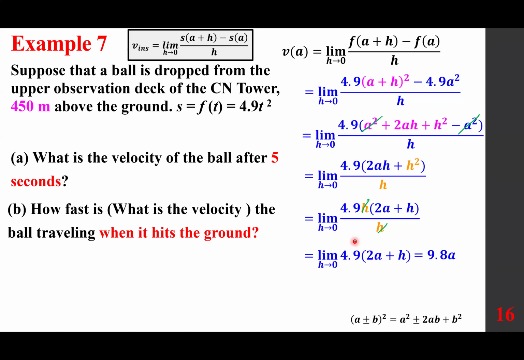And notice the final result, v of a is 9.8a. It is a function of a, which means for part A, because the value of a is 5, I just replace the a with 5, and I get v of 5 is 9.8 times 5, which is 49 meters per second.